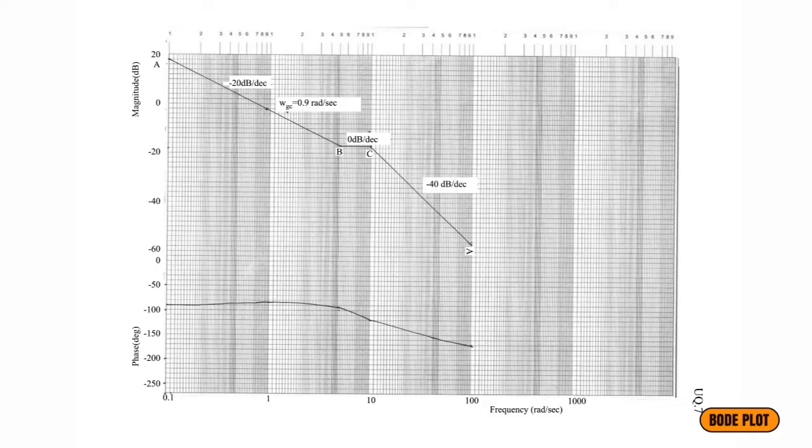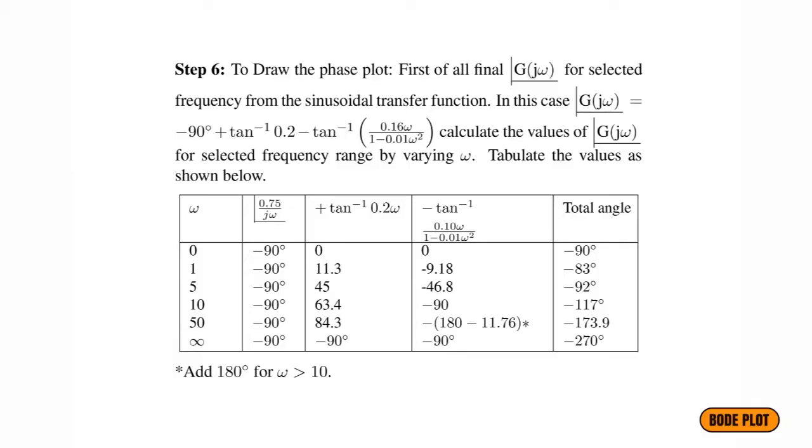How to draw the phase plot? What is the phase angle of 0.75 by j omega? For each such factor it is minus 90 degrees, only an imaginary part, in the denominator, already we know.